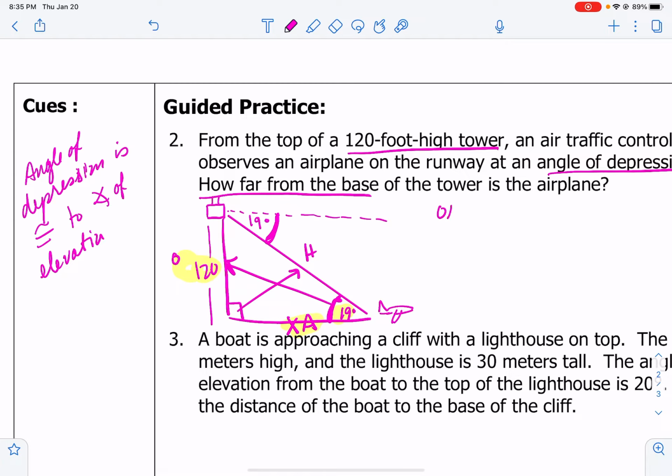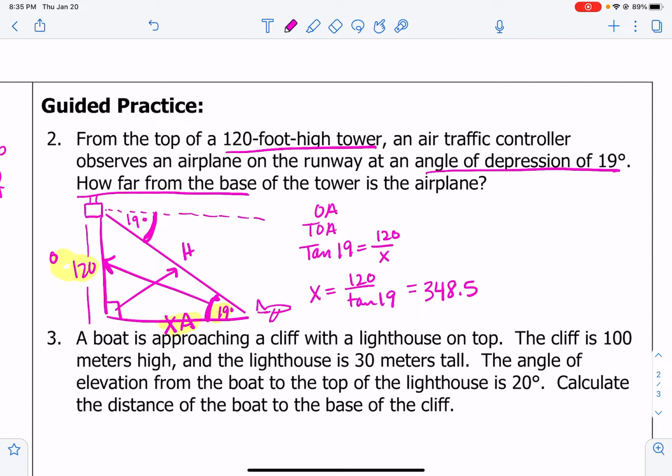That means that I have TOA. So the tangent of 19 equals 120 over x. So x equals 120 divided by tangent 19. We talked about that when x is in the denominator, you then divide the two numbers. So x is 348.5.